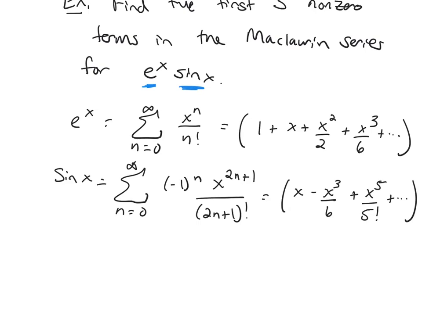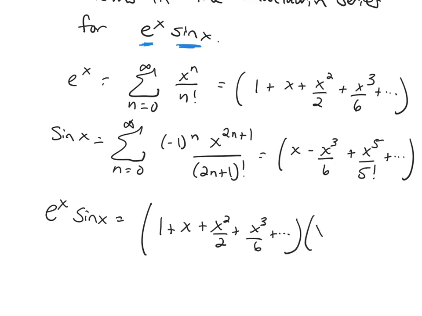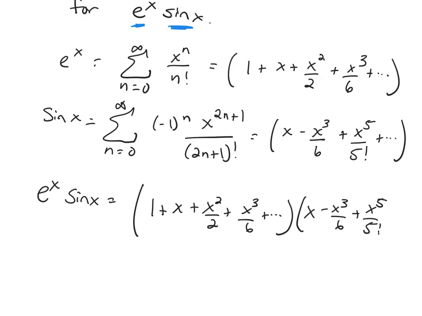So I want to write e to the x times sine x, and to get that, I need to multiply these things together. Five factorial, plus dot, dot, dot.